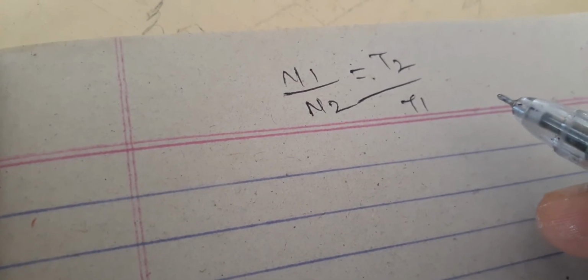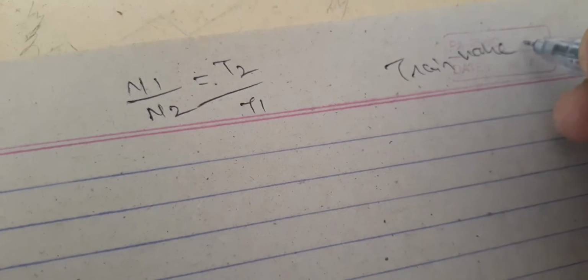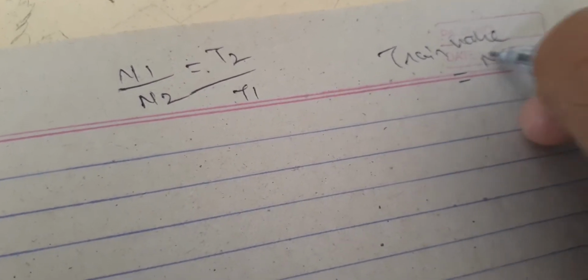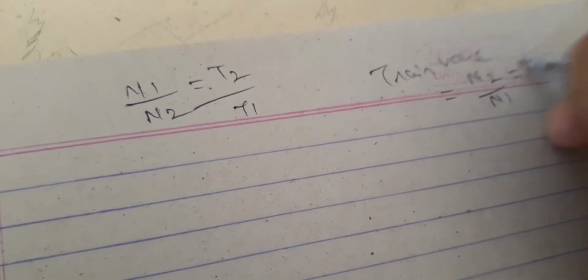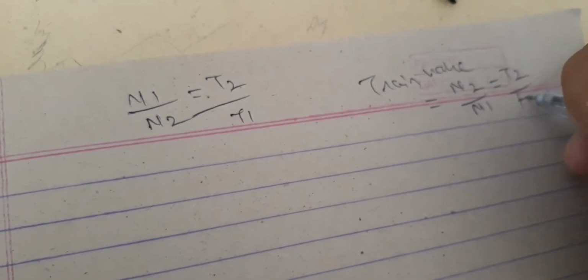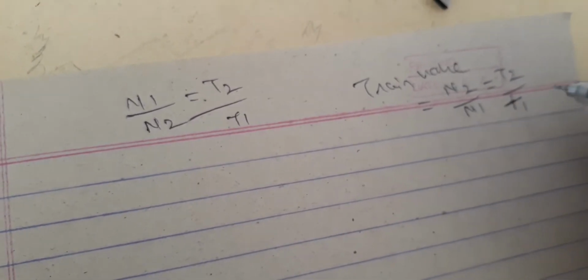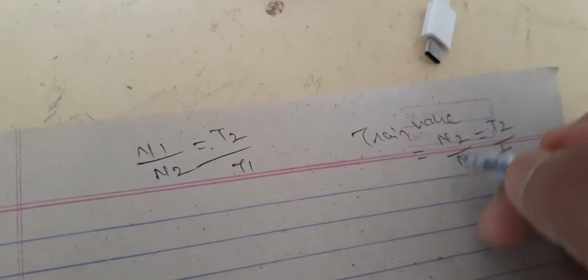It may be noted that the ratio of the speed of the driven or follower to the speed of the driver is known as train value. Train value is equal to N2 by N1 is equal to T1 by T2. This is the train value.